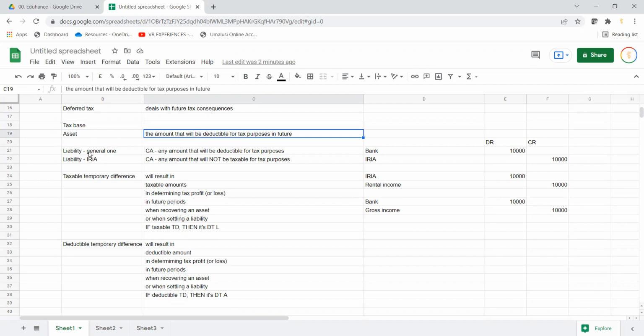The next definitions are knowing what a taxable temporary difference is and what a deductible temporary difference is. Why this is important is the recognition of a deferred tax asset and the recognition of a deferred tax liability. The accounting standard IAS 12 talks about the recognition criteria.